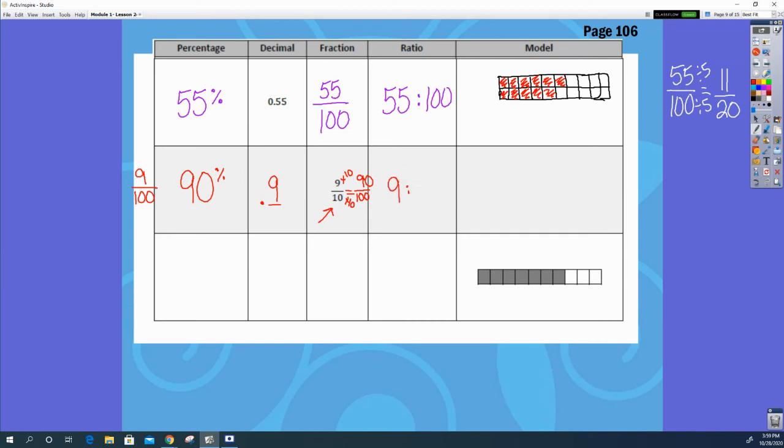If you wanted to say 90 to 100, that would be fine too. And so right now, I don't have to draw a 100 grid. I can just draw 10 units and shade in 9 of them.